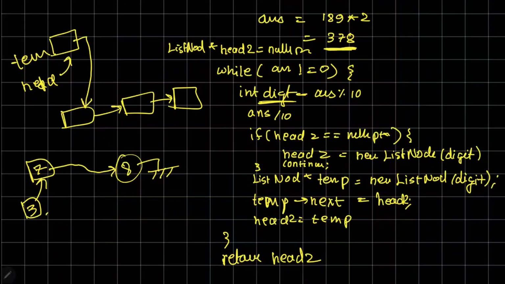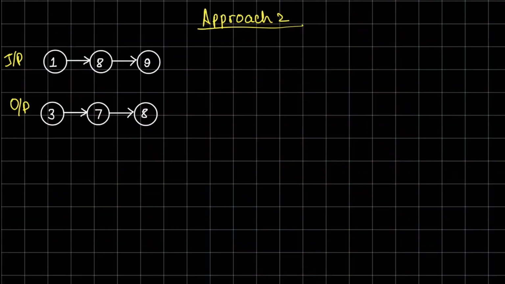Now let's move on to the second approach. In the second approach, we are just going to follow how we naturally multiply numbers. So let's say we have this 1, 8 and 9 and we have to multiply it by 2. We multiply this number by this, so that would be 18, and 1 goes to carry. Okay, so let's make it with another color.